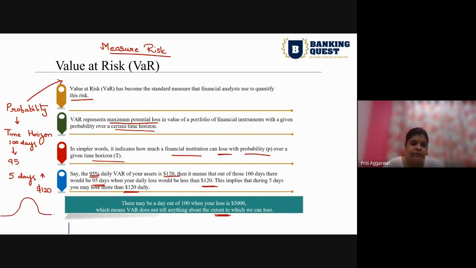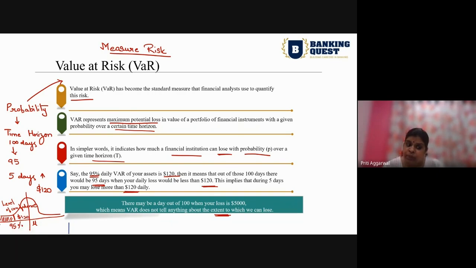So if let's say I have to calculate my VAR, this is my mean, right? And here, if we are talking about a 95% confidence interval, with the level of confidence being 95%, I will say there is only a 5% chance that it may go above the threshold limit of $120, right?